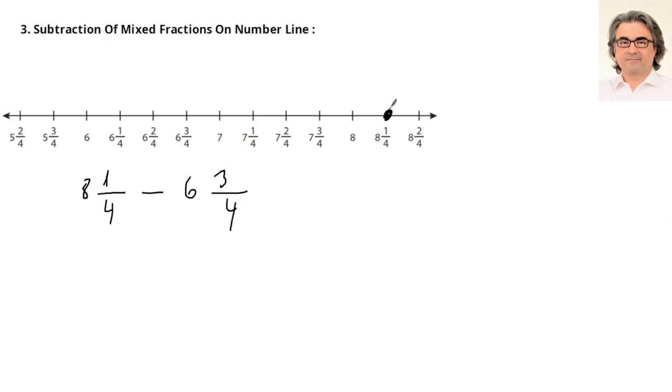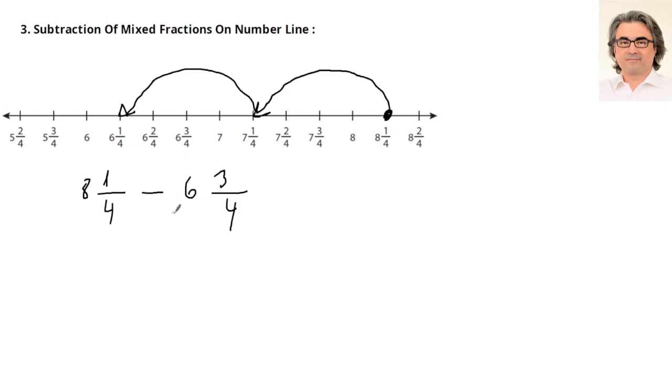If you come to here, this is 1 unit, because from 8 and 1 over 4 to 7 and 1 over 4, we have only 1 unit. The difference between them is 1. After that, 6 and 1 over 4. I reached this point, so I went exactly 2 units.